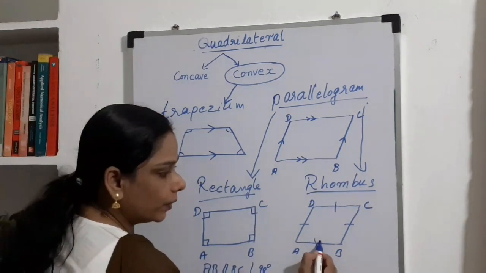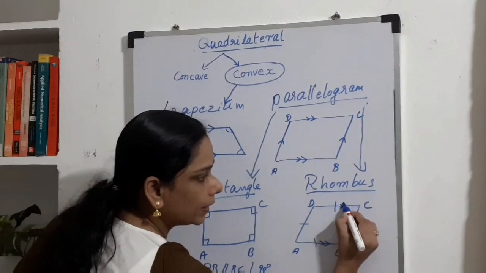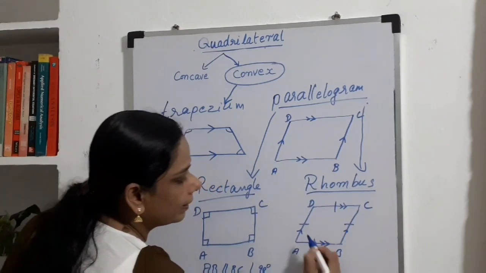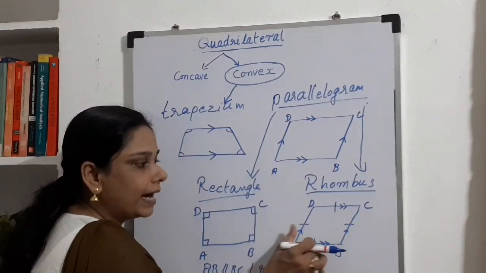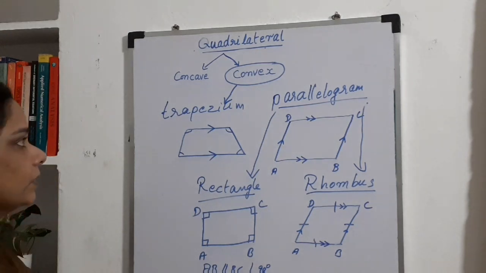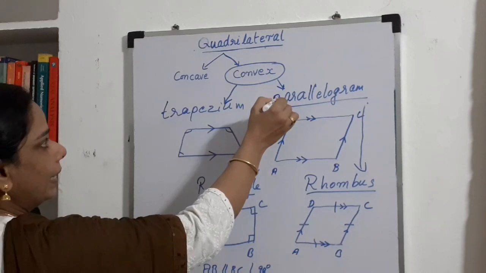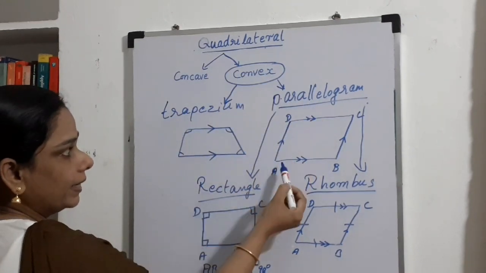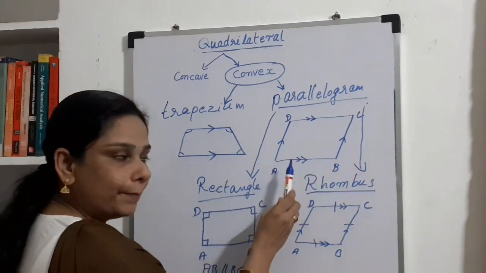Not only equal length, it is a parallelogram, isn't it? So, what about the pairs of opposite sides? They will be parallel. So, a rhombus is a parallelogram in which adjacent sides have equal length. So, a parallelogram is a convex quadrilateral, and parallelogram means two pairs of opposite sides are parallel.